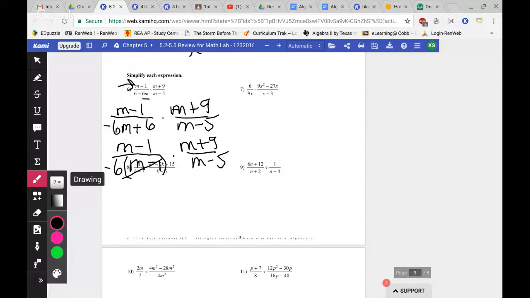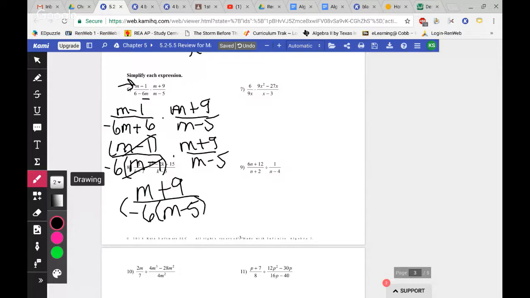Okay. So now it looks a little cleaner since I cleaned that up, and I'm able to cancel those out. My final answer was m plus 9 over negative 6 times m minus 5. But just since we're kind of talking about the SAT and all that good stuff, the answer key actually pulled this negative out and moved it to the top.